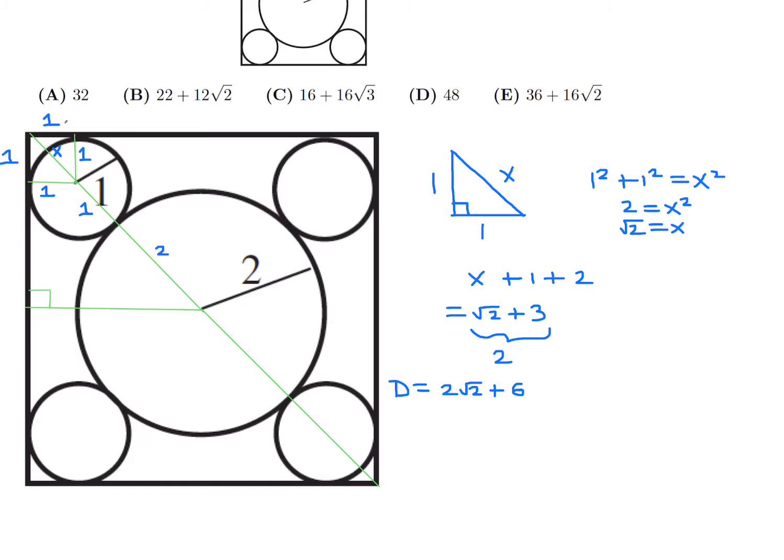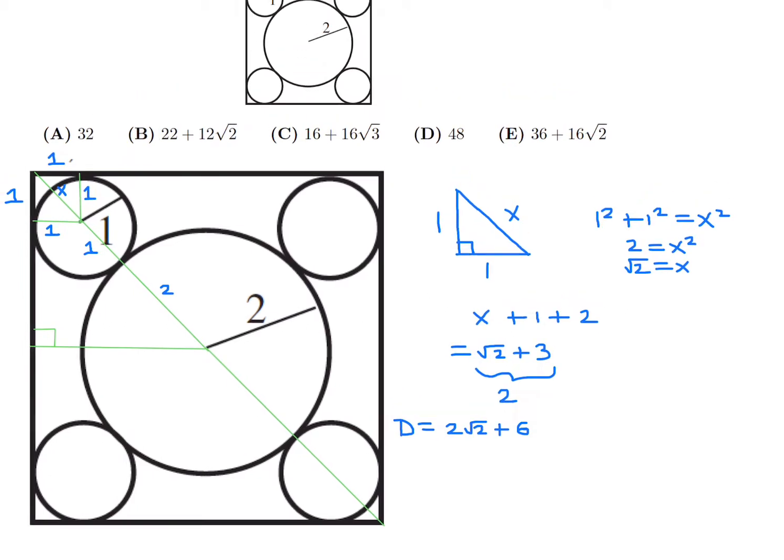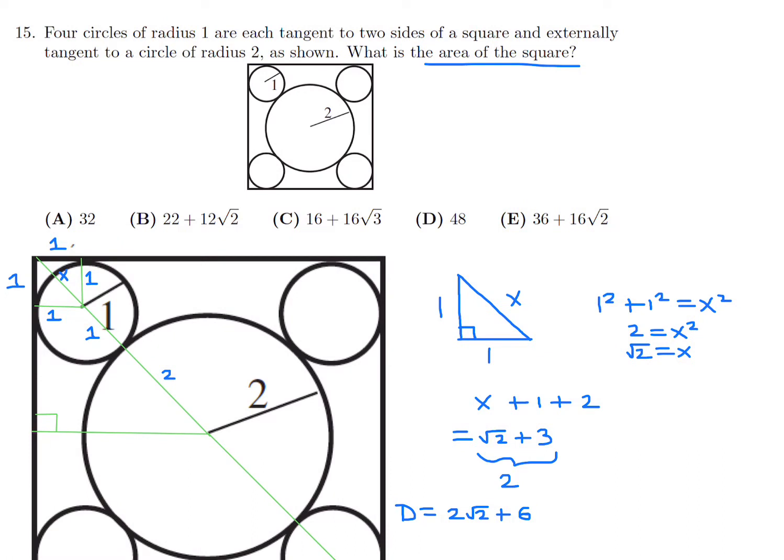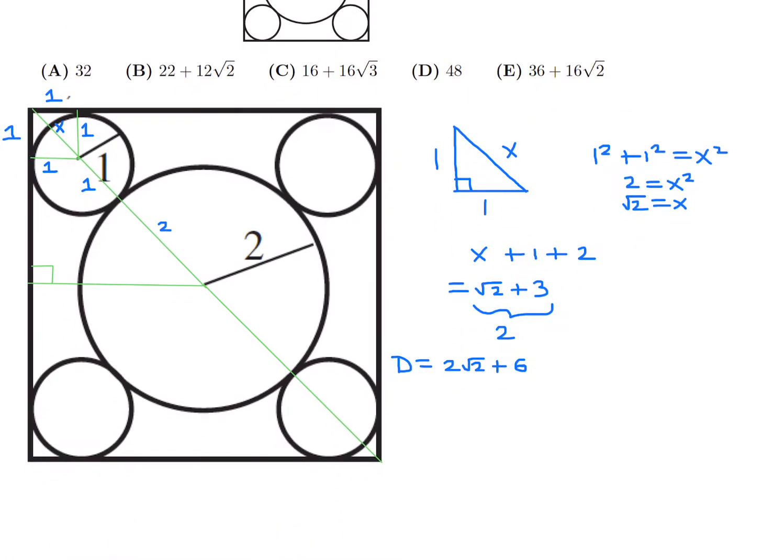Now we are interested in finding the length of the side, because eventually the question wants us to figure out the area of the square, correct? So we have to figure out the length of the side of the square. So the length of the side of the square, whatever you want to call it, we can call it y, like that. And we use this big triangle to figure out y.